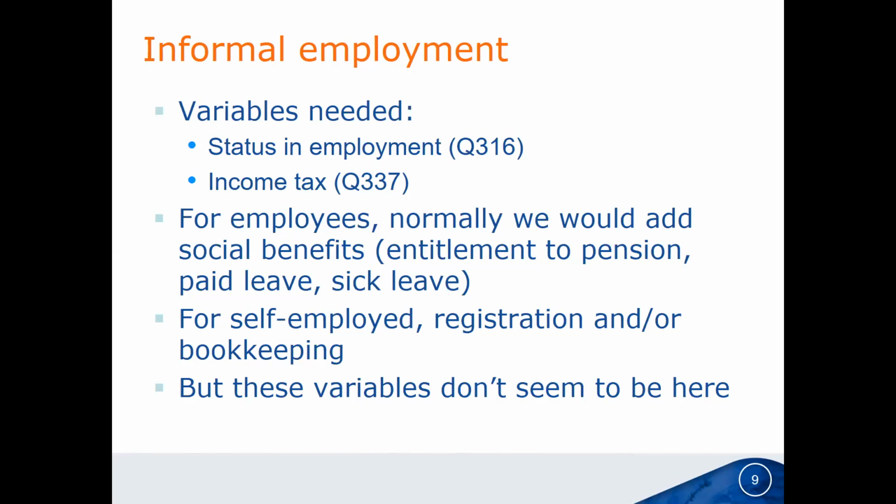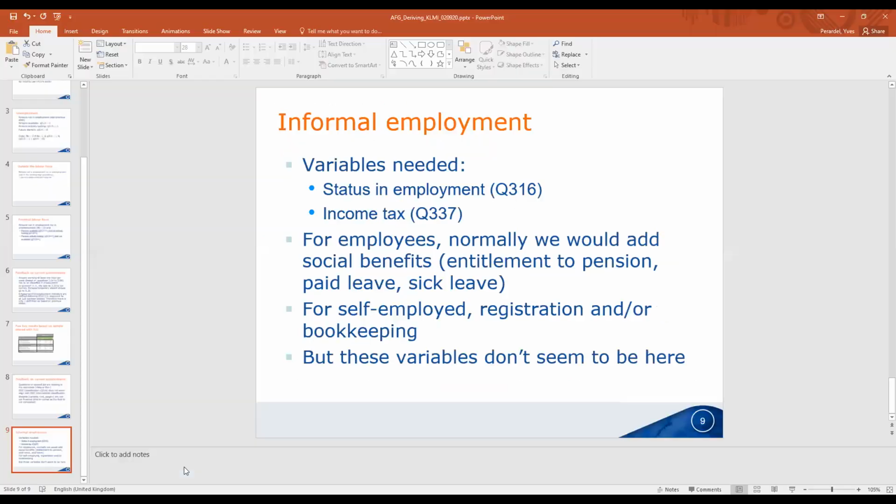So first you have status in employment, Q316. That will be key. And the second one is income tax, Q337. If I go back to the questionnaire, the first one would be Q316, which is basically your employment status, and that's crucial, because depending on your status, you will apply different criteria to define informality.